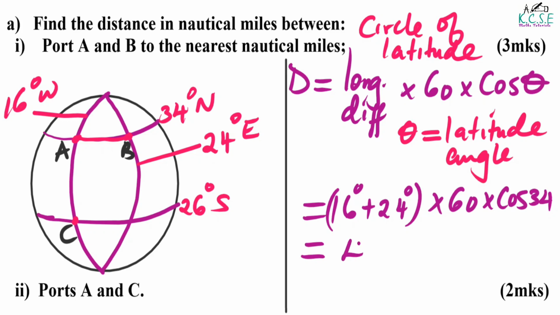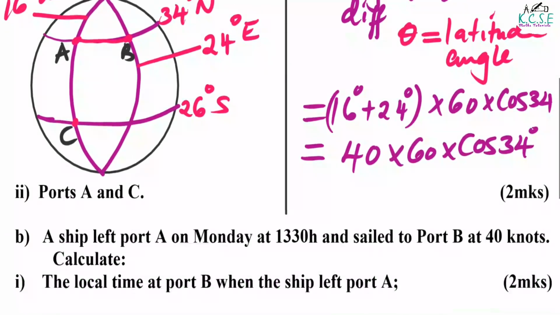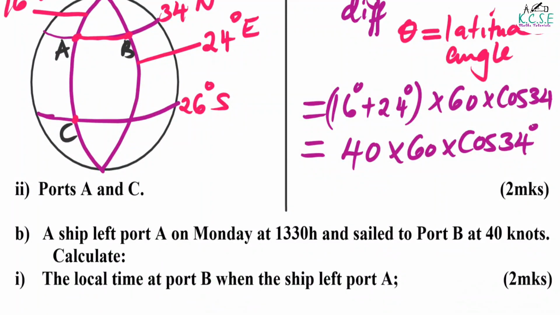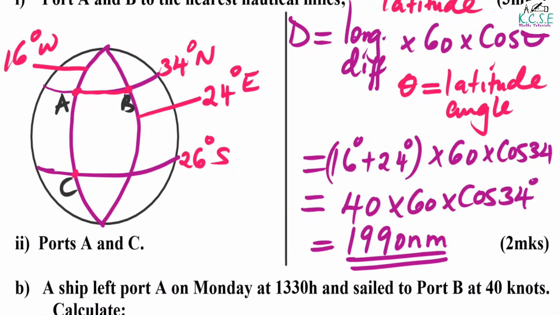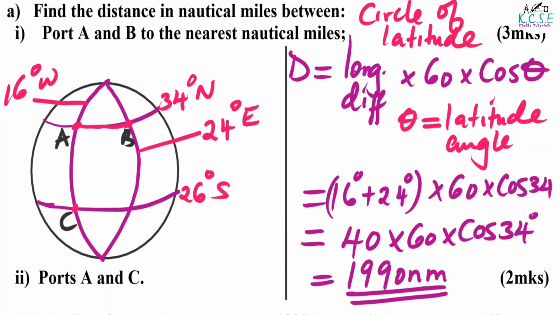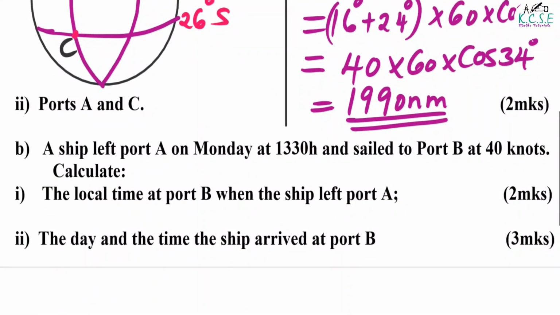So this gives 40 multiplied by 60 multiplied by cosine of 34 degrees. Working this out, it gives 1990 nautical miles. So that is the solution for the first part. That is how we get the distance between port A and B in nautical miles. Let's go to the second part of the question.